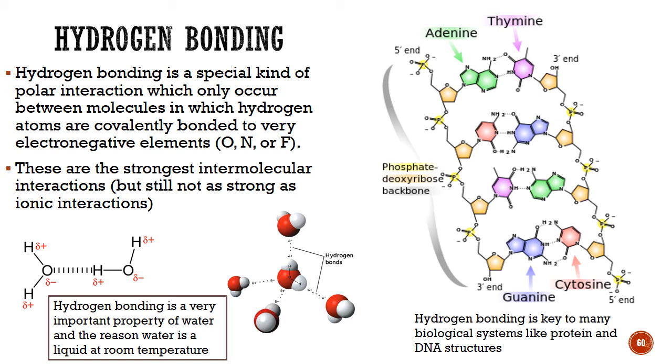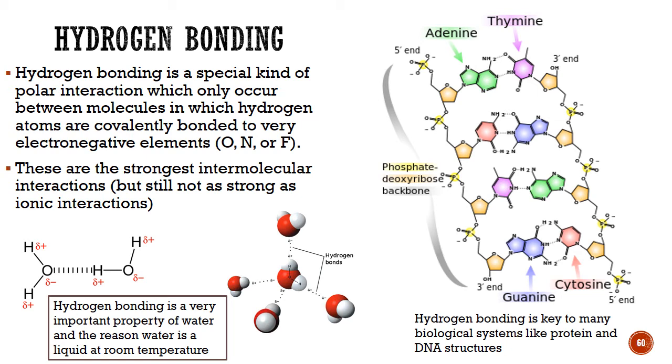So if you look on the bottom left-hand side, you'll see the two water molecules. You'll see that the oxygen is partially negative, the hydrogen is partially positive. Well, then on the right-hand side, you've got another water molecule. So the hydrogen, which is positive, is attached to an oxygen, which is negative, but now you see that that hydrogen, see the dashed line, that hydrogen is attracted to an oxygen on a neighboring molecule.